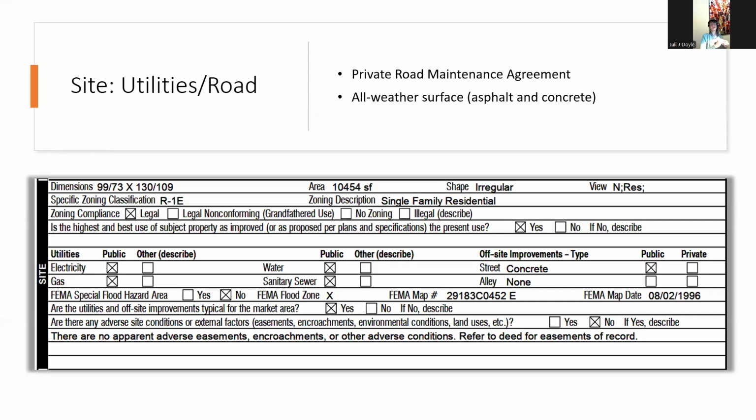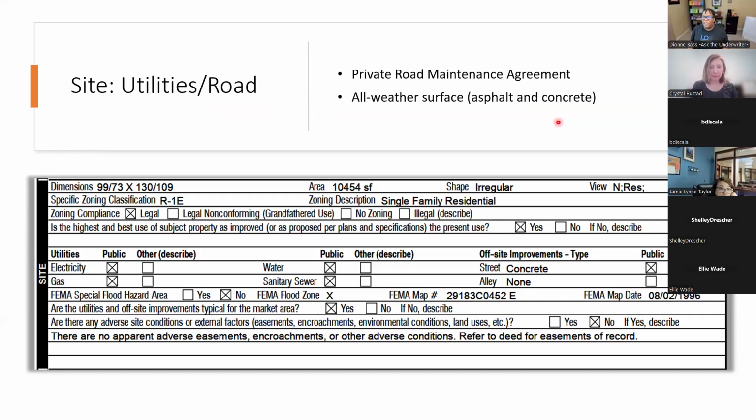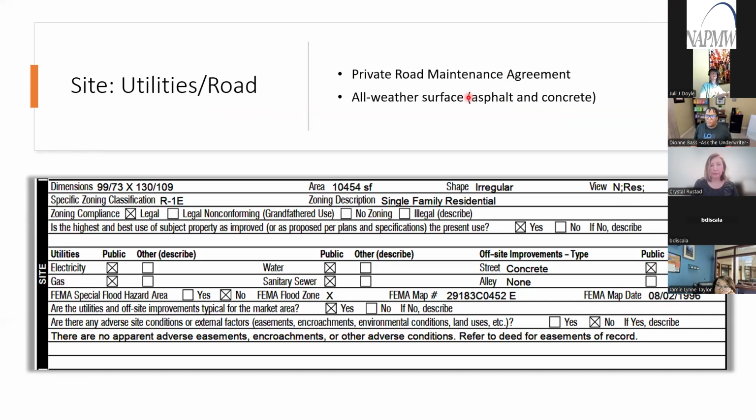Now, I don't know, do any of us live in rural areas? Raise your hand if you do, put your thumbs down if you don't. So for USDA loans, and this is usually when you see this, you will see private road marked right here, right where my little thing is. And when that is marked off, we do need a private road maintenance agreement.